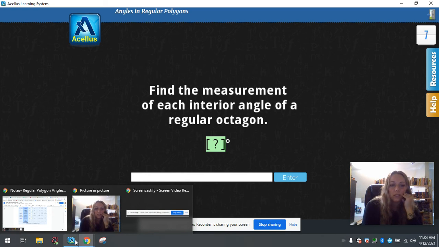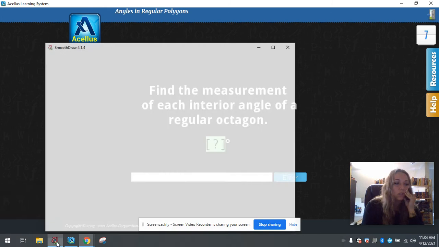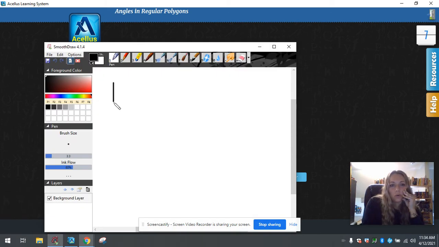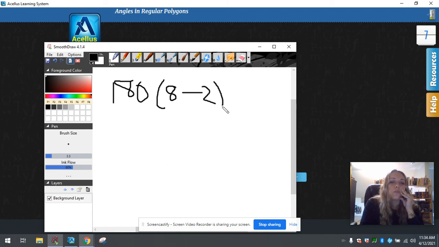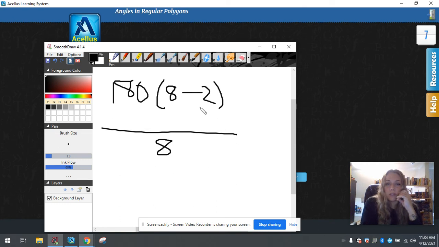To find the measurement of each interior angle, you would go 180 times the number of sides, an octagon has 8 sides, minus 2, over, again, the number of sides, n, which in this case is 8. Then you would solve this problem. 180 times 8 minus 2, which is 6.